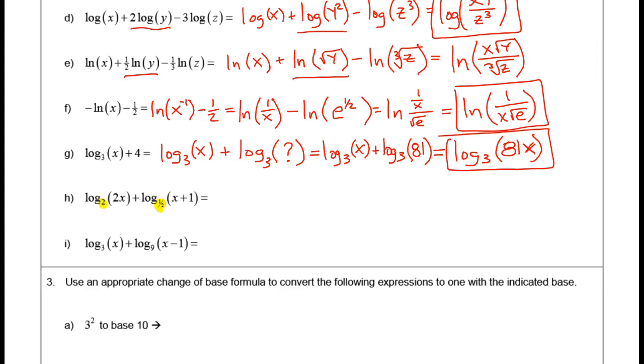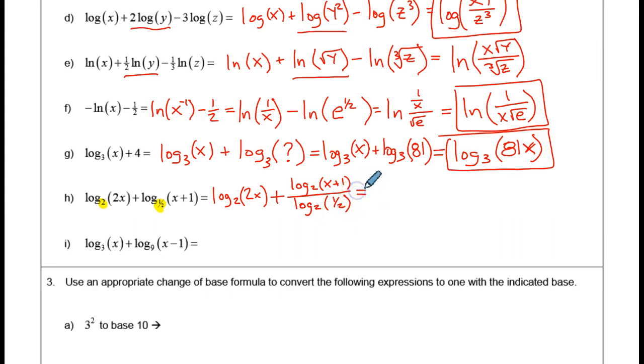And the first part, log base 2 of 2x, will look the same. But now for the log base 1/2 of x plus 1, I need to use a change of base formula. And if you go back to the previous page, you'll see that to change this to base 2, I'm going to do the log base 2 of the argument to the function, x plus 1, divided by log base 2 of the base of the function, 1/2.